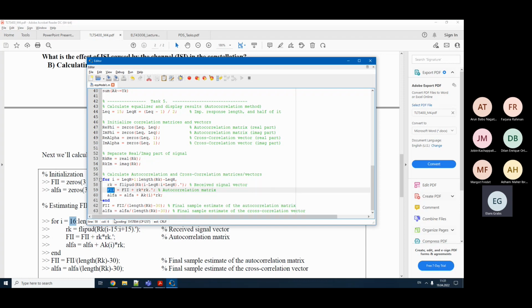Now, this is our autocorrelation matrix. Well, okay, let us make this the real part. So this is real. Accordingly, this is going to be a real phi. Here you can see that we add, yes.